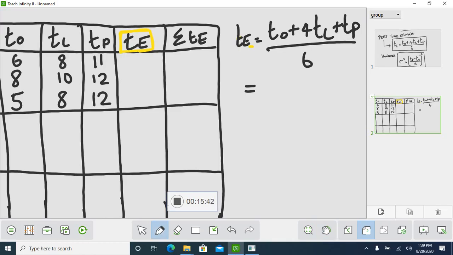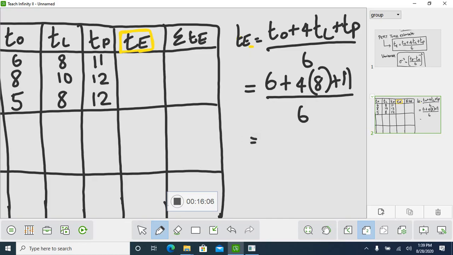Okay. So for activity 1, we have 6, 8, 11. So 6 plus 4 times 8, which is 32, plus 11, divided by 6.